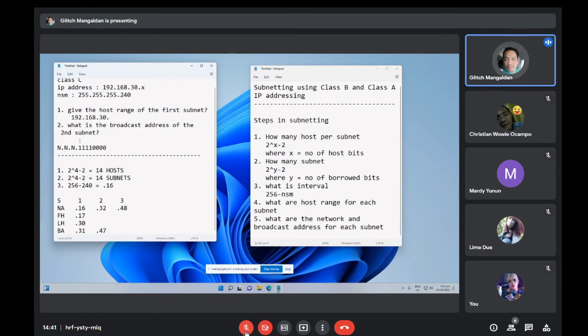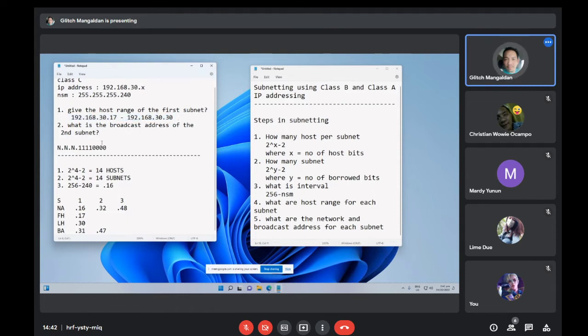That, saan tayo mag-start? Sa first host. Which is that 17. Okay, up to 192.168.30. That, ano yung last host? First subnet. 30. So, 30.30. So, this is now the answer for number 1. Okay? Ito yung answer natin sa number 1.